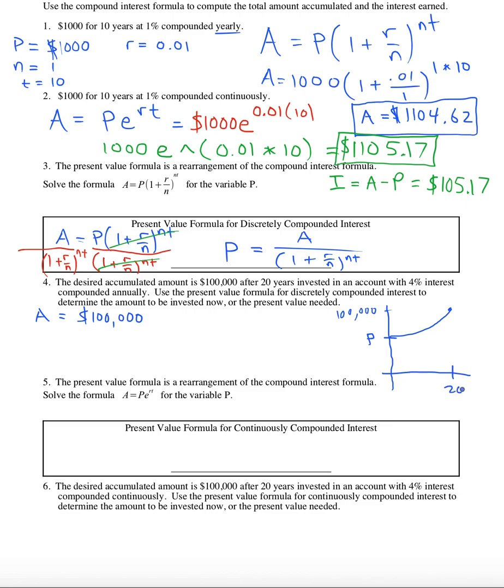We want it to take 20 years. So our goal is to figure out what is P. That's when you use the present value formula. We also see that N is 1 because it's yearly compounding. T is 20. And R is 0.04.